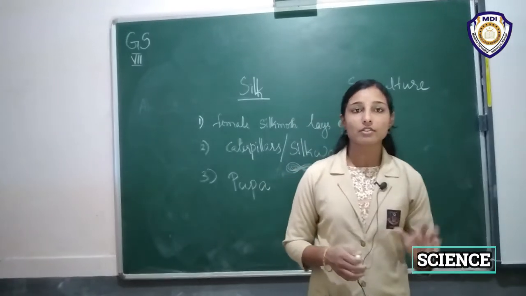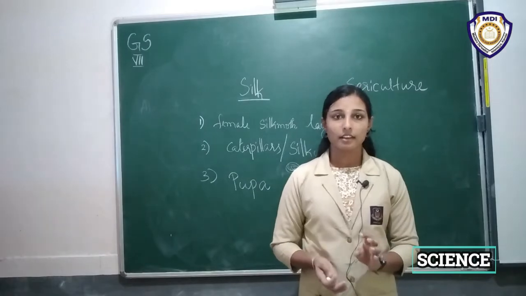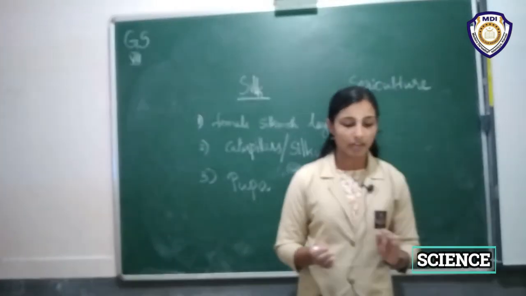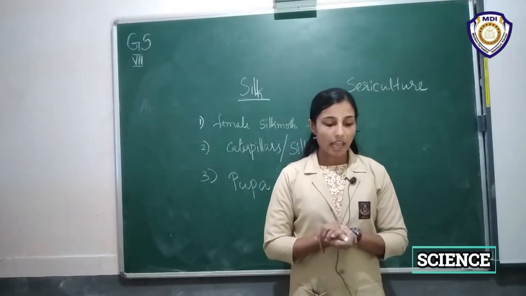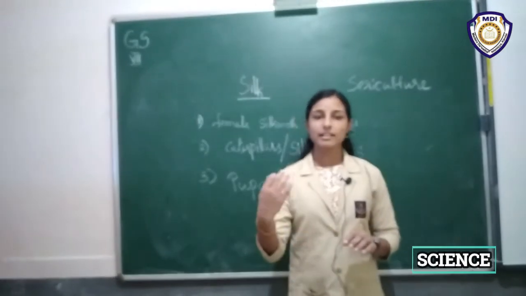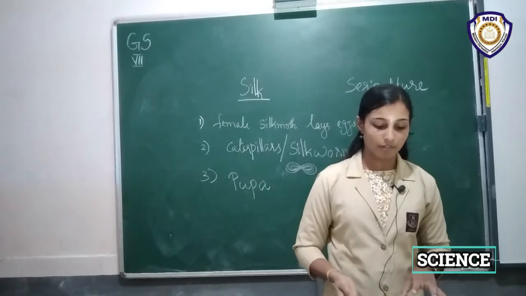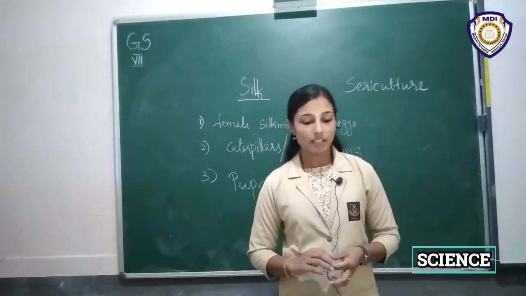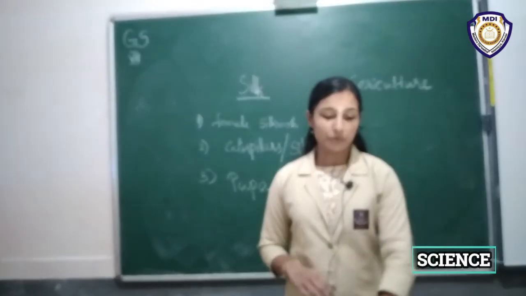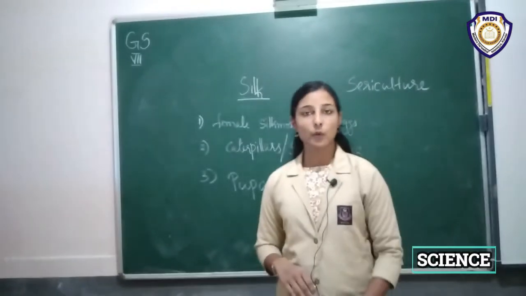First we have to collect or store the eggs carefully, and then give them to silkworm farmers. The farmers keep the eggs under hygienic conditions and under suitable conditions of temperature and humidity.